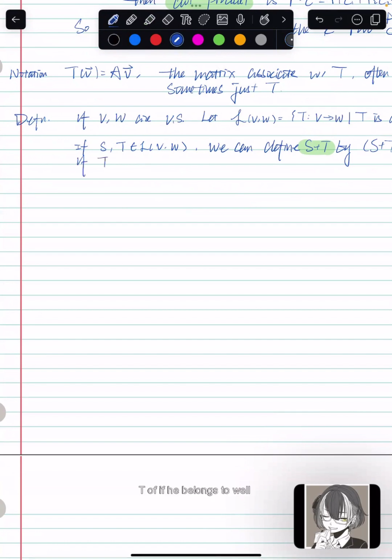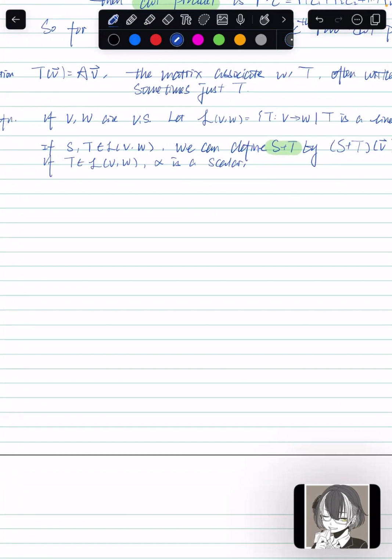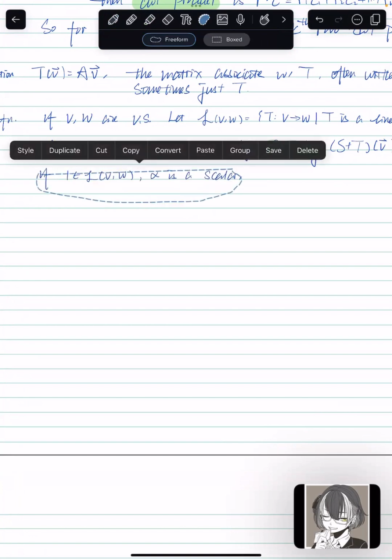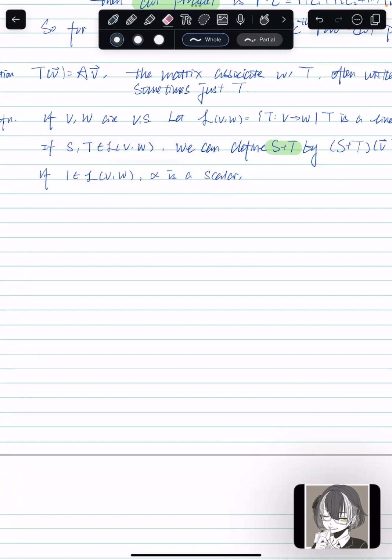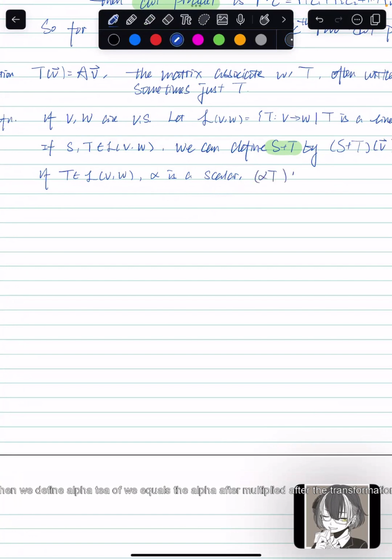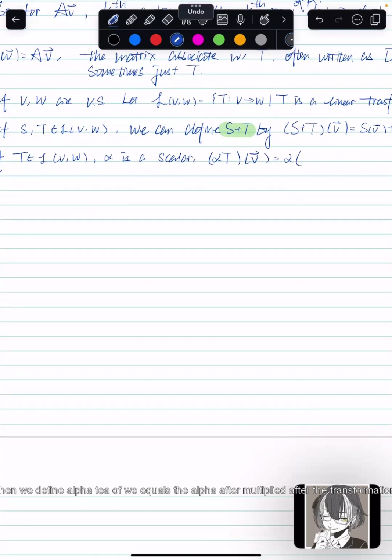If T belongs to L, and alpha is a scalar, then we define (alpha T)(V) equals alpha multiplied after the transformation, alpha times T(V).